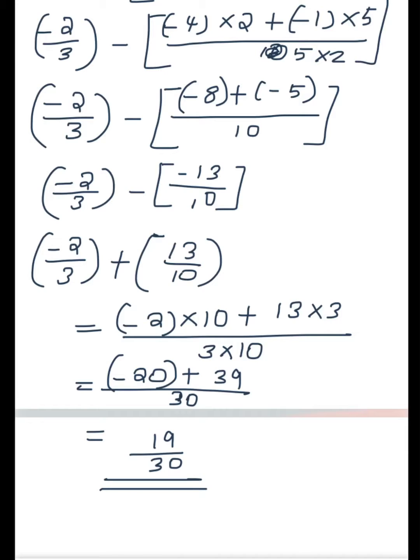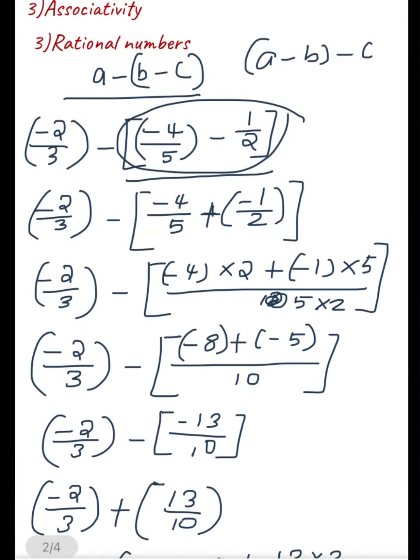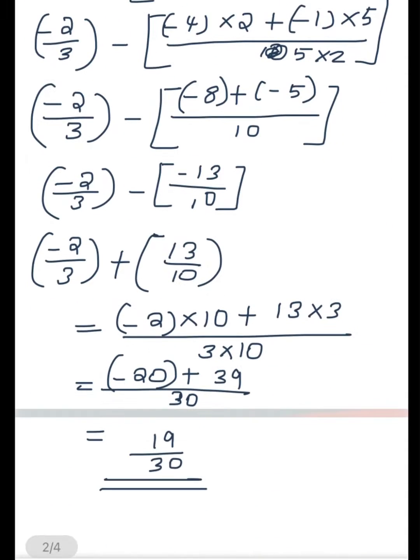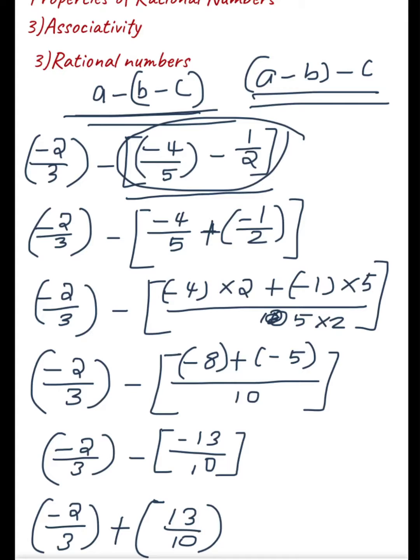Okay, so when you do this, A minus (B minus C), you got the answer as what? 19 by 30. Okay, now let's do (A minus B) minus C. So how will you write this?